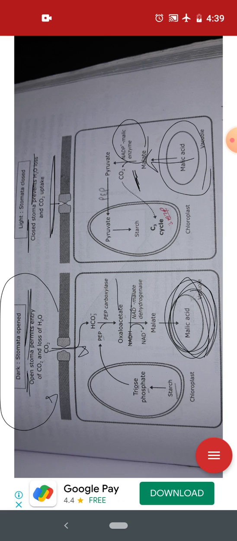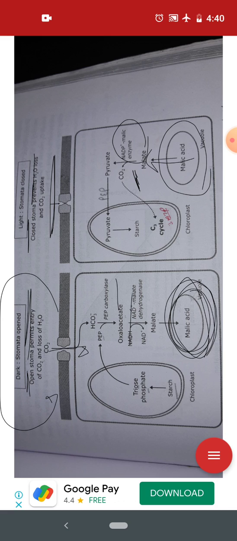Next difference is the initial CO2 acceptor, which acts as the first acceptor of CO2. In C3 plants, RuBP acts as the first CO2 acceptor. In C4 plants, PEP, phosphoenolpyruvate, acts as CO2 acceptor, and in CAM plants also phosphoenolpyruvate acts as the initial CO2 acceptor. Next difference is the first stable product.